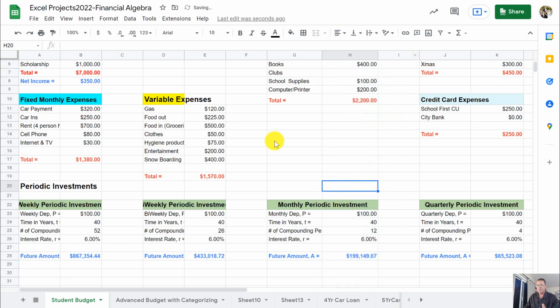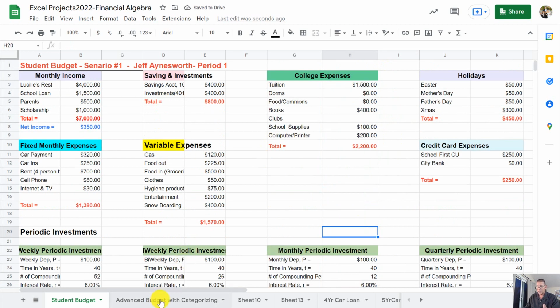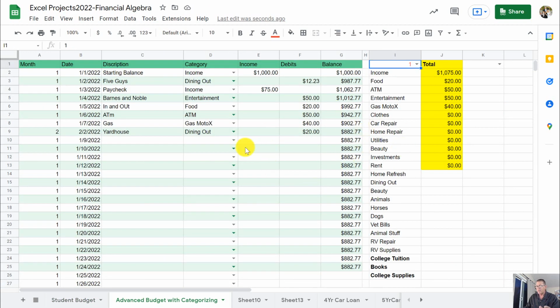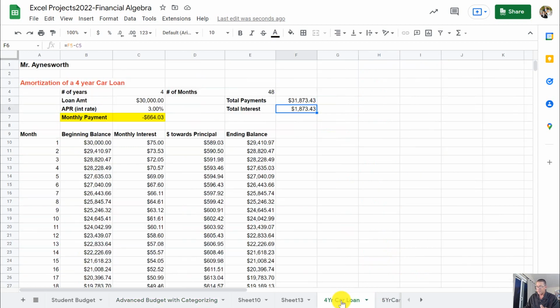And then in the second project, we talked about advanced budgeting, where we talked about categorizing and knowing where your money goes. And then, yesterday and today, we're talking about how to design an amortization table for a car loan, whether it's 4 years, 5 years, 6 years, 7 years. And then we're going to be doing that for the home loans.